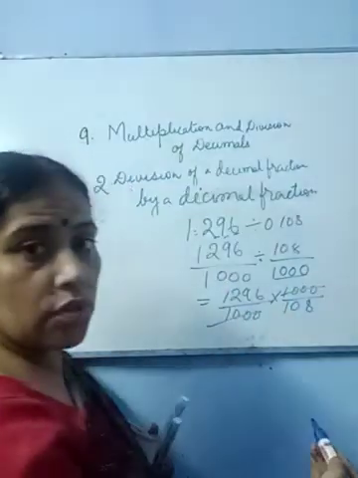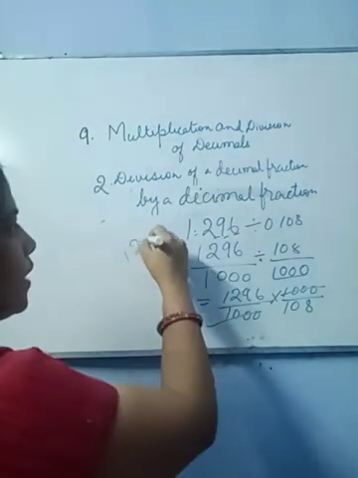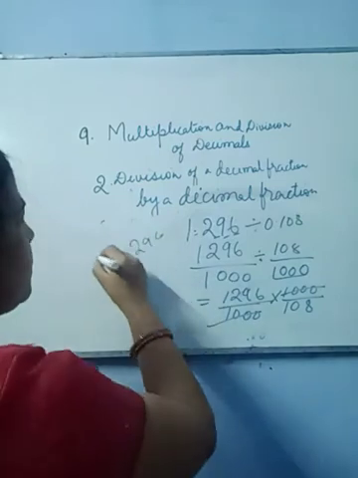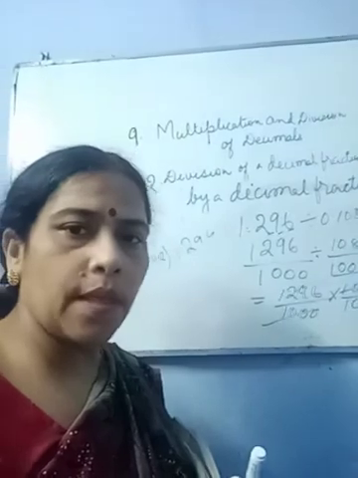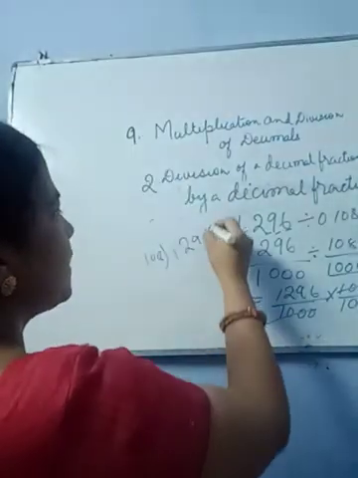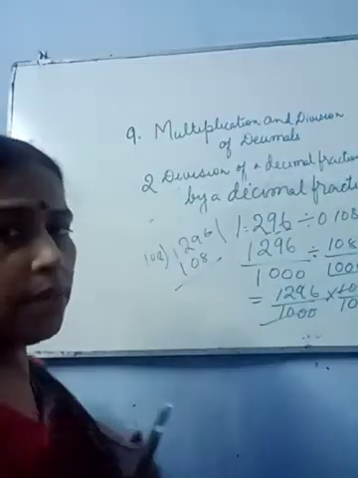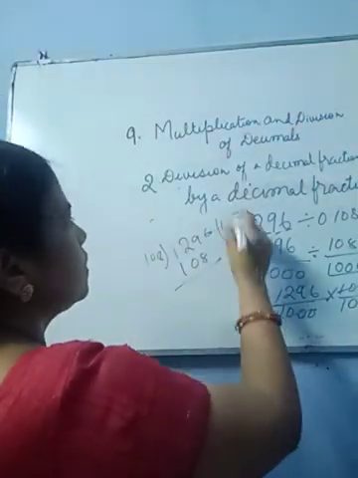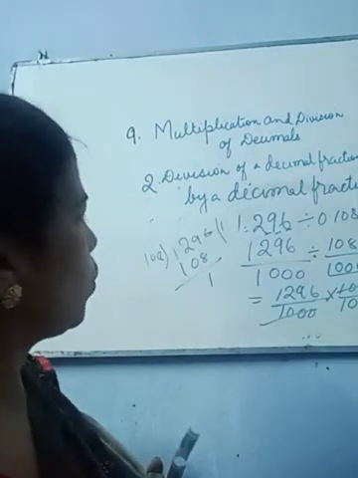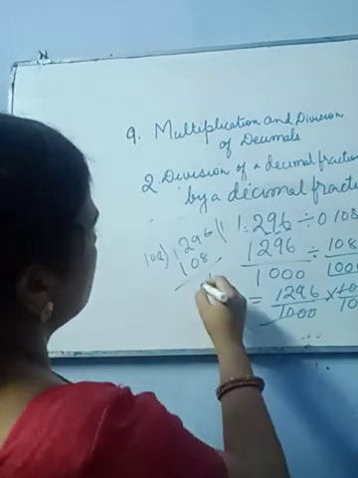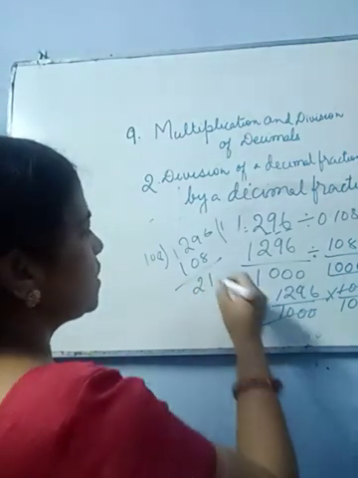Divide 1296 by 108. 108, how many times? 1 time. Now this is 2, this is 6.